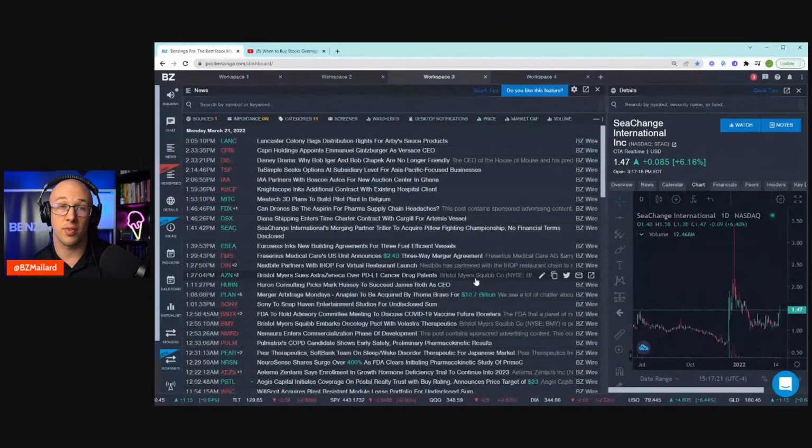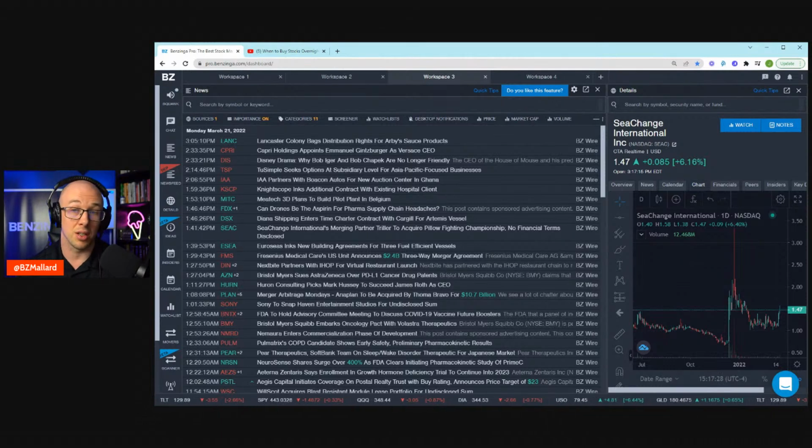And some of the favorite news catalysts that Humble Trader mentioned were things like earnings, contracts, partnerships, or sector sympathy or strength. And you can find that very easily on the news feed or news tool inside of Benzinga Pro. Now, some of my favorite categories are exactly those: earnings, contracts, partnerships, sector strength.